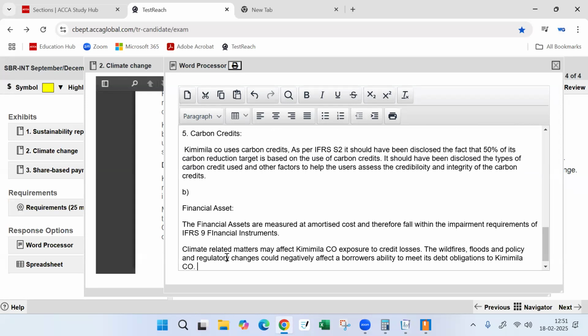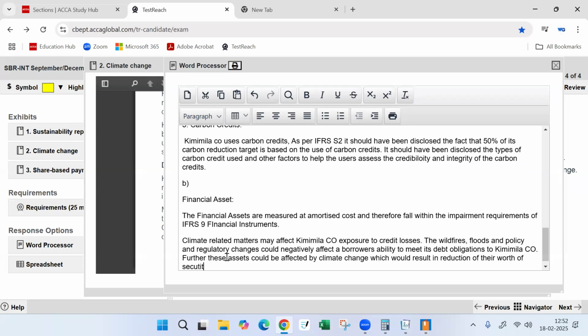Right? Hence, further, these assets could be affected by climate change, which would result in reduction of the worth of security for the loans.